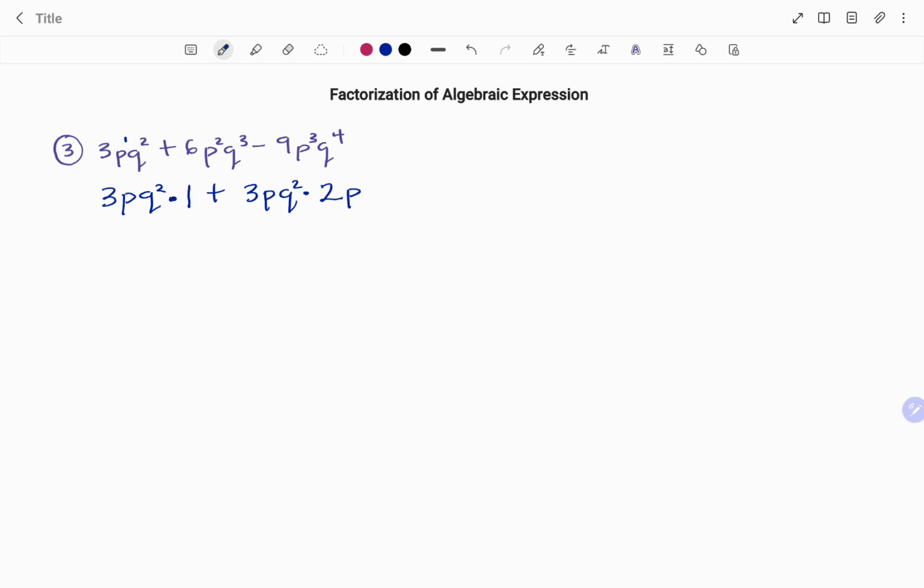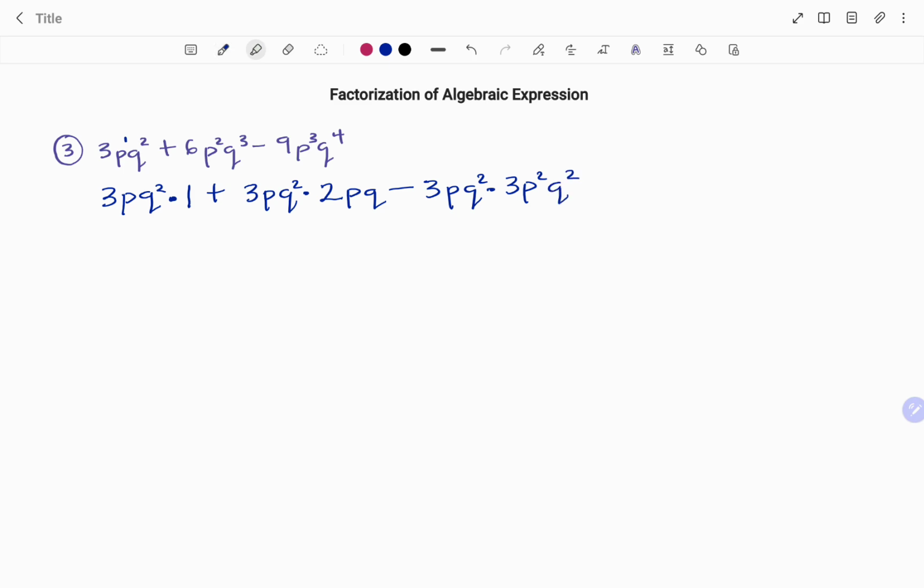For q, q^3 divided by q squared, that's q^1, minus my highest common factor, 3p q squared, times, to get 9, 3 times 3 is 9. For p^3 divided by p, that's p squared, and q^4 divided by q squared, q squared.